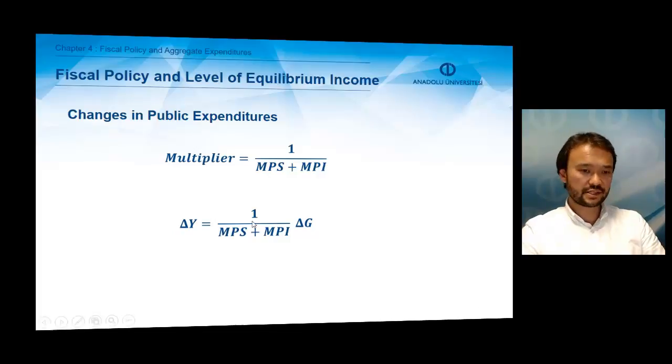For example, when there is a change in the government expenditures, it is multiplied as the increase in income. So there is a positive relationship between the government expenditures and income.